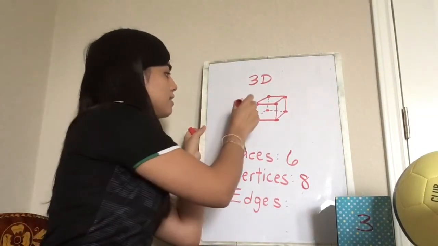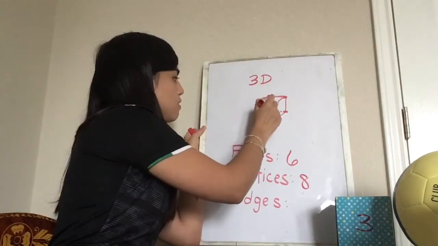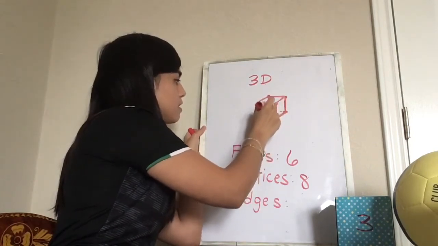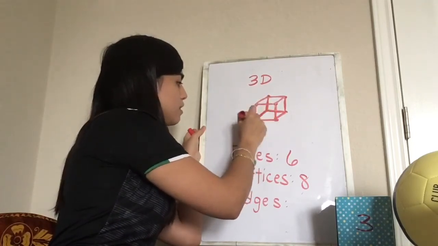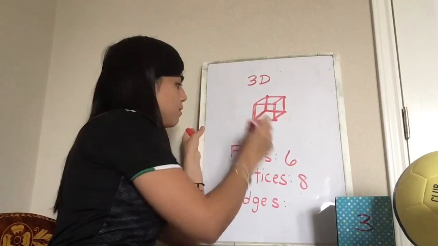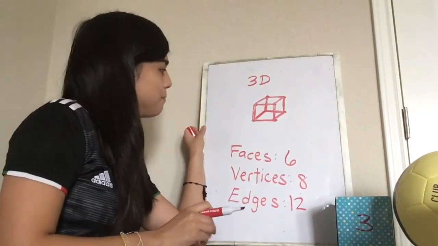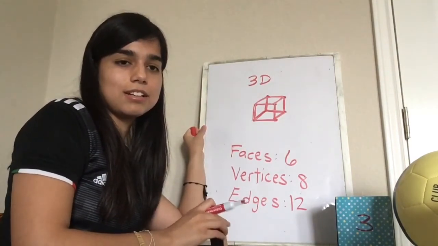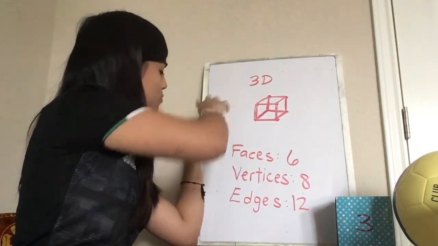The lines. 1, 2, 3, 4, 5, 6, 7, 8, 9, 10, 11, 12. It has 12 edges. Okay? You will have to practice these in your assignments this week. Let's do one more.